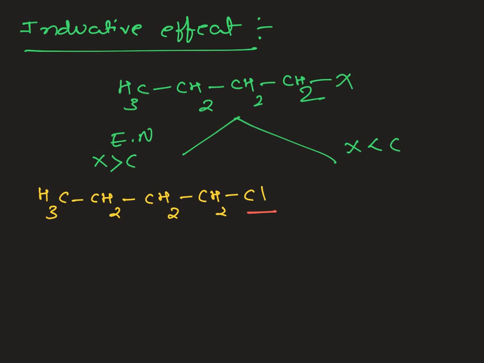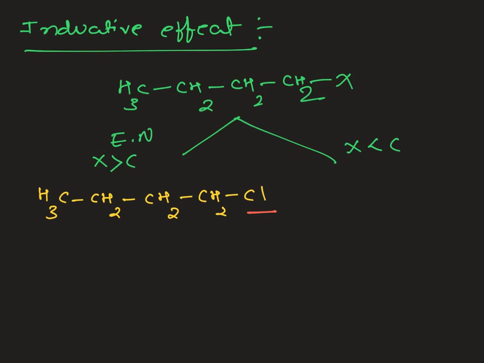You first have to understand the meaning of electronegativity. If I say fluorine is more electronegative than all atoms, or chlorine is more electronegative than carbon, what is the meaning? Electronegativity is the dragging ability of an atom towards itself, the ability to drag the bonded pair of electrons towards itself.